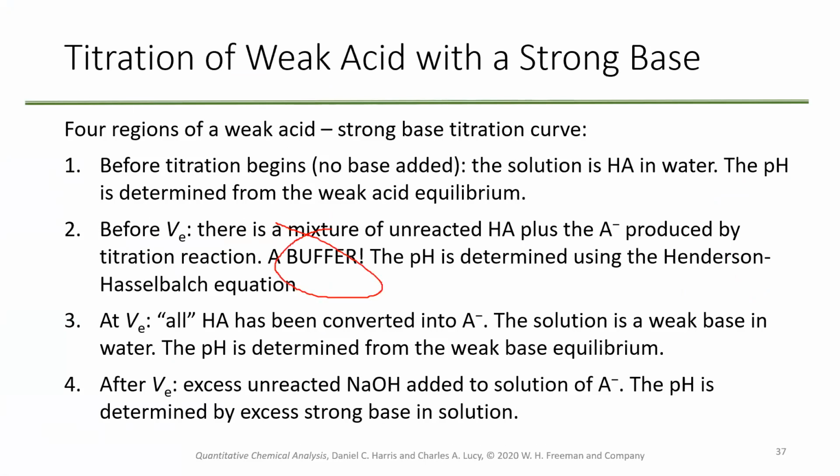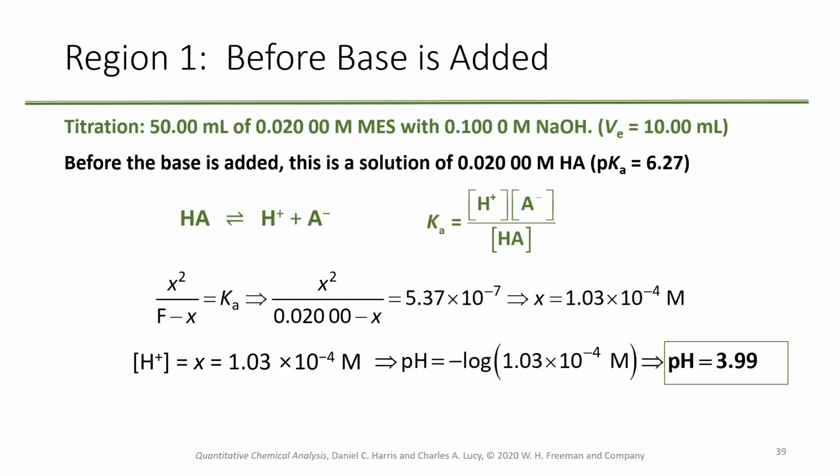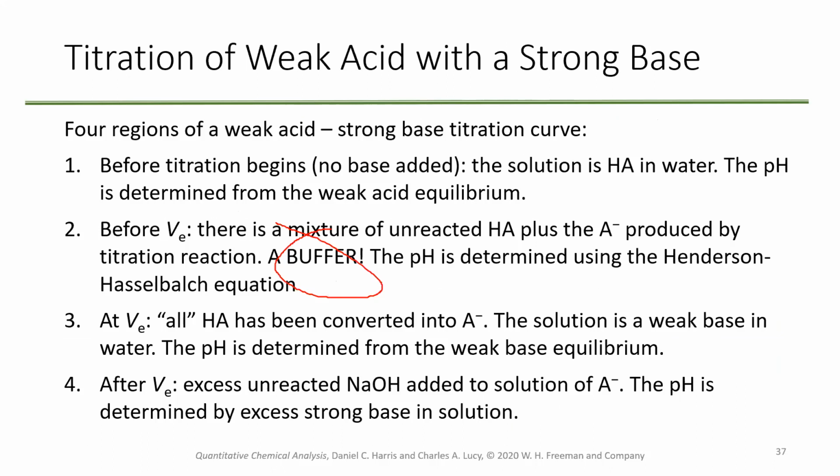So you've got the different regions on your titration curve. Here's my weak acid. This in here is my buffer region, where I've got a mixture of HA and A minus. Here at my equivalence point, I've got just A minus.